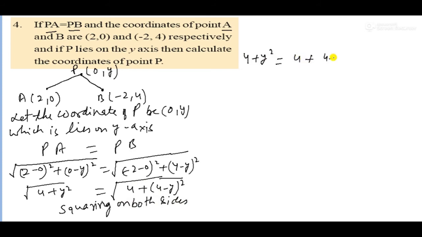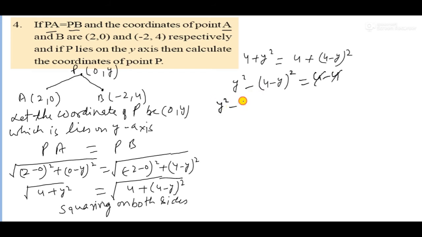Now PA, so square root formula, it is x2 minus x1. So here is x2 and minus x1. P is x1 y1 and this one is x2 y2. So first of all 2 minus 0. So you can write 2 minus 0 whole square and plus 0 minus y. So 0 minus y whole square equal to square root of, so here is PB, it is x2 minus x1, so minus 2 minus 0, so minus 2 minus 0 whole square and plus 4 minus y whole square.